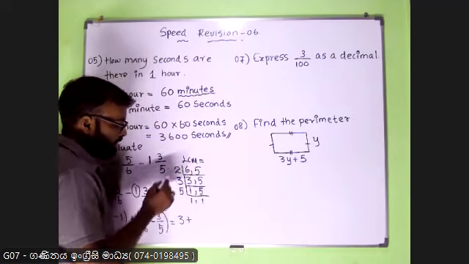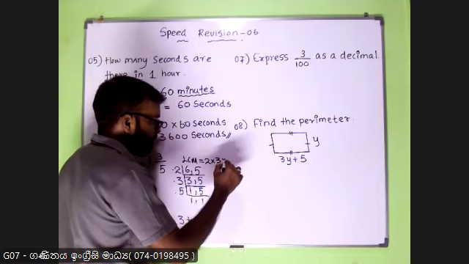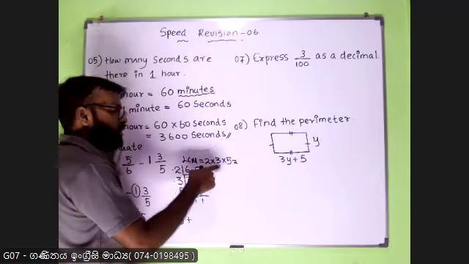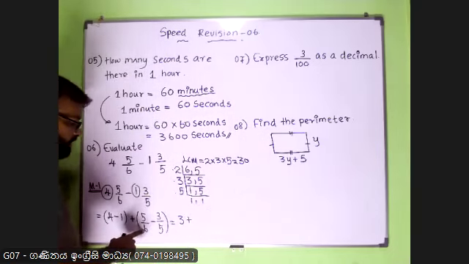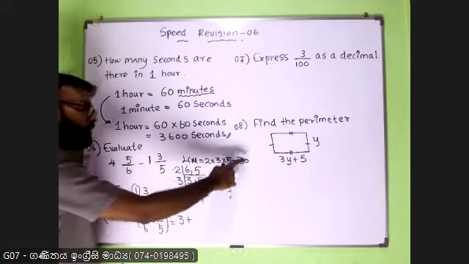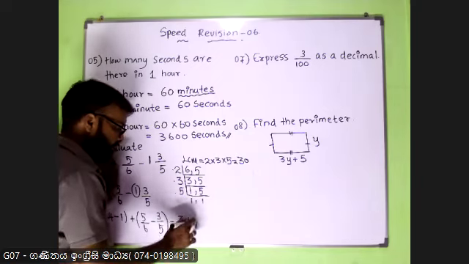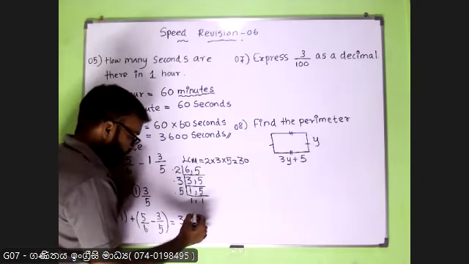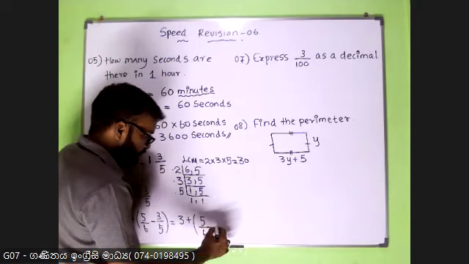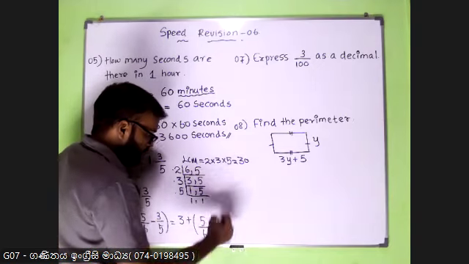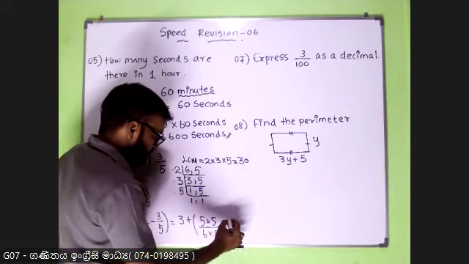So your LCM will be 2 times 3 times 5, which is 30. So you need to convert 6 into 30. Your common denominator should be 30. This is my first fraction, 5 upon 6. I am going to convert 6 into 30, multiply by 5. Minus 3 upon 5.